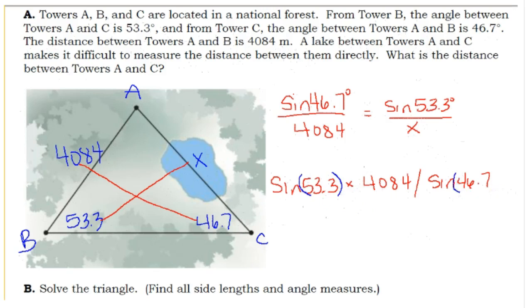Since we're not typing anything afterwards, it doesn't make a difference if we close it or not, but it's good practice to close it. So we can do the sine of 53.3 times 4,084 divided by the sine of 46.7, which tells me that the distance between towers A and C is 4,499.3 meters.